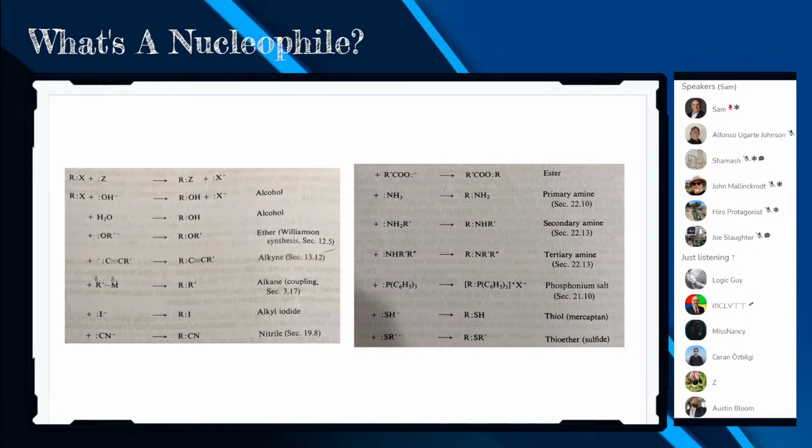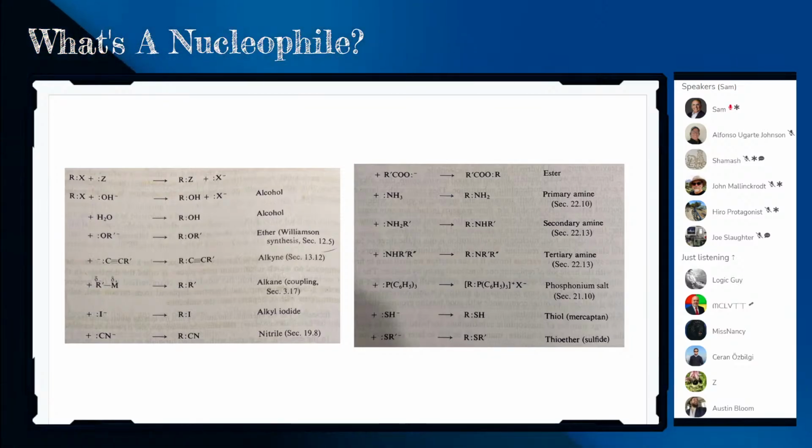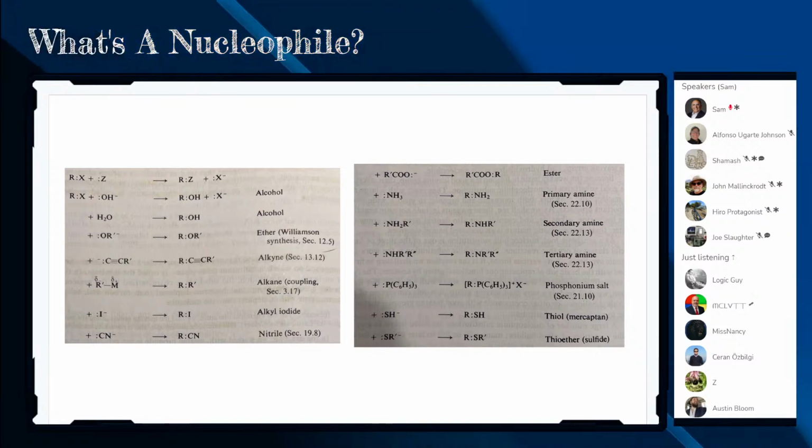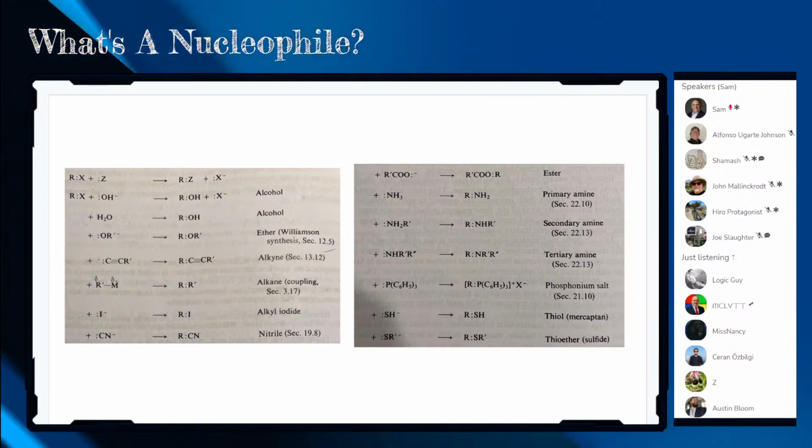But if you're doing physiological chemistry or biochemistry, those are all Bronsted-Lowry. The Bronsted-Lowry definition of an acid is something that donates a proton, and a base is something that accepts a proton.